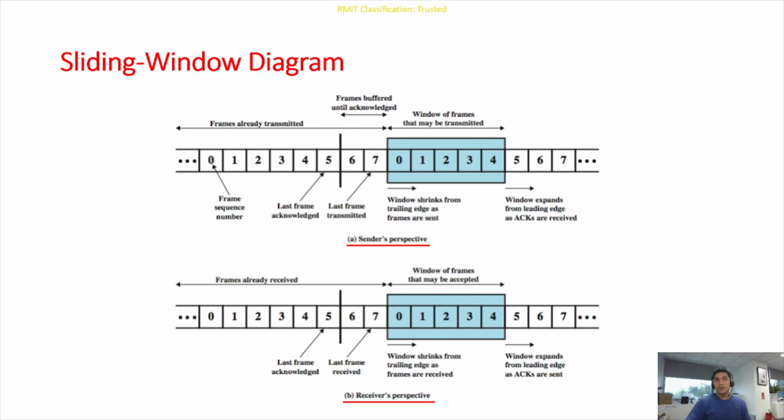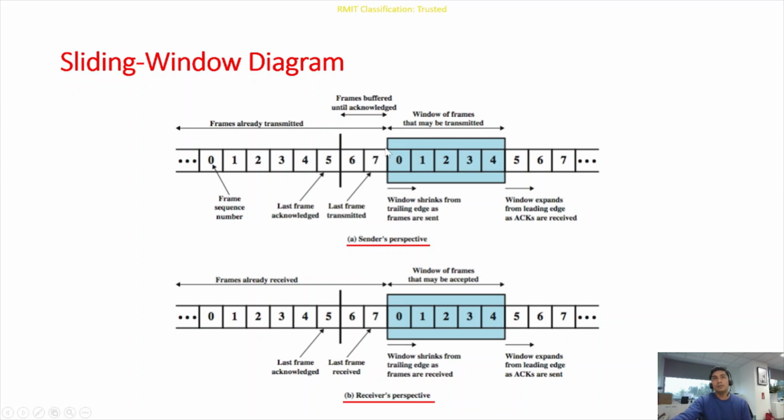In this figure, the upper one depicts the sender's perspective, and the lower figure depicts the receiver's perspective. At the sender, this shows the frames that are already transmitted. The vertical bar on the left represents the frames that are already acknowledged.